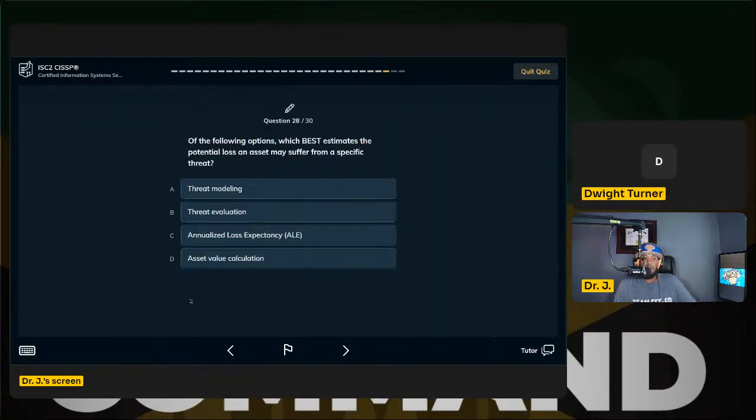All right, next question. Which best estimates the potential loss an asset may suffer from a specific threat? I kind of wish they would give a little more with the question. Like, is it annually or just one time?